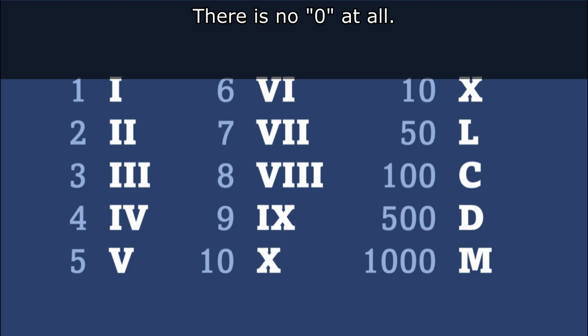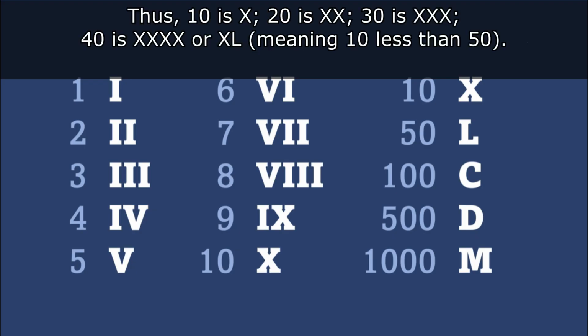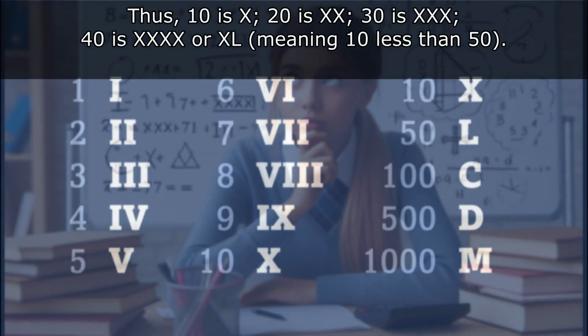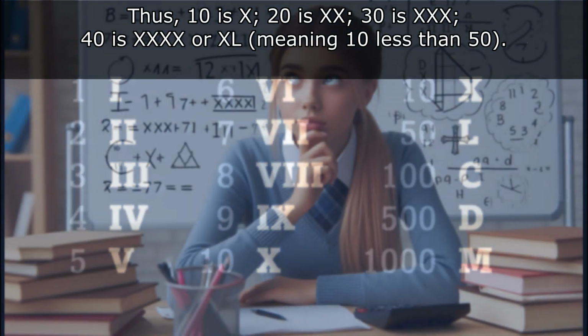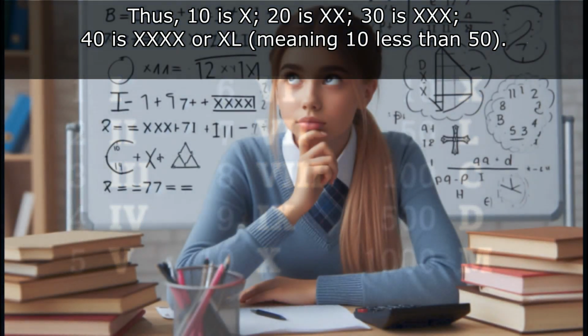There is no 0 at all. Thus, 10 is X, 20 is XX, 30 is XXX, 40 is XXXX or XL, meaning 10 less than 50.